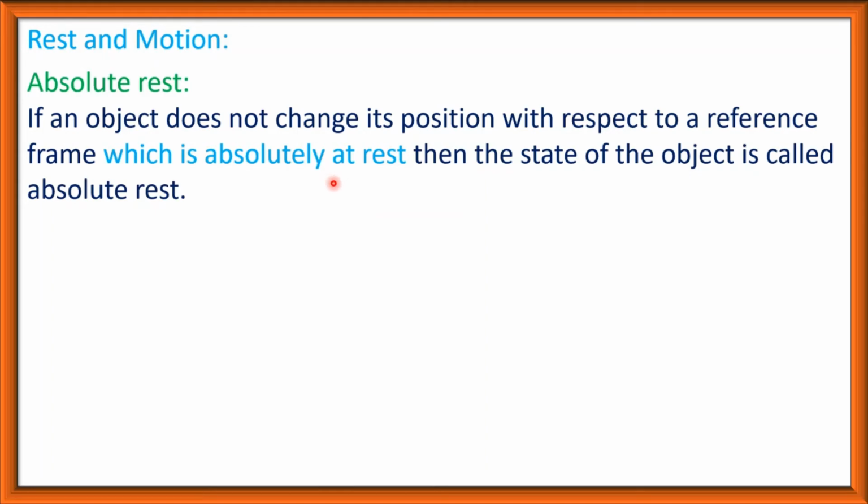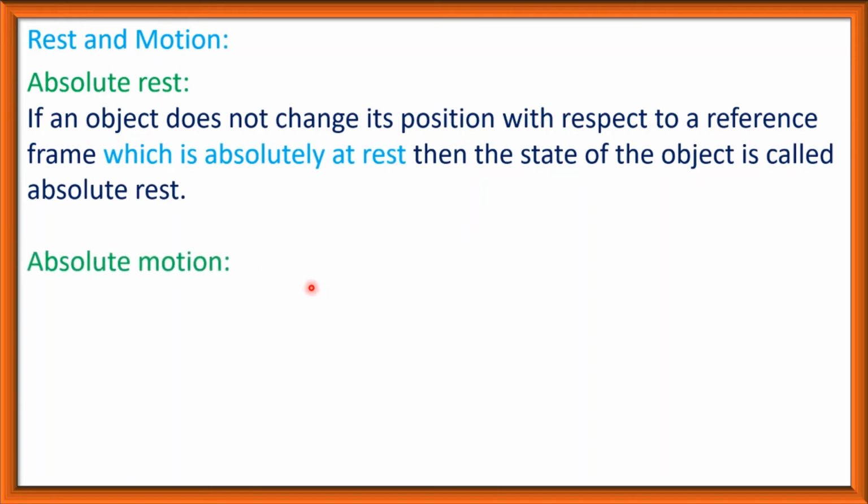If we get this type of reference frame, then with respect to it, if the object does not change its position, then the state of the object is called absolute rest. So to get absolute rest, we need a reference frame which is absolutely at rest.